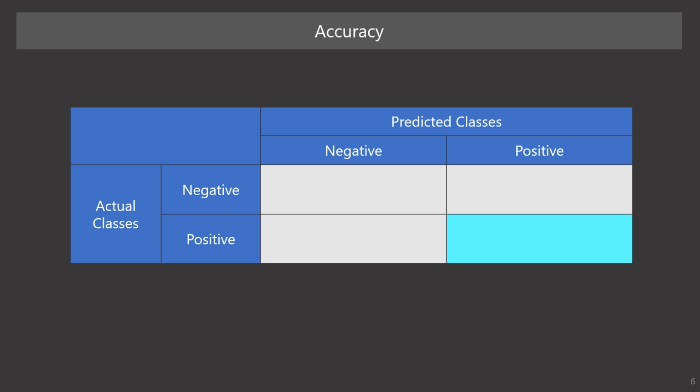If an observation's actual class is positive and the classification model predicted positive, we can say the classification model makes a correct prediction. Such cases are called true positives. If the actual class is negative and the model predicts it as negative, the model makes a correct prediction. Such cases are called true negatives.